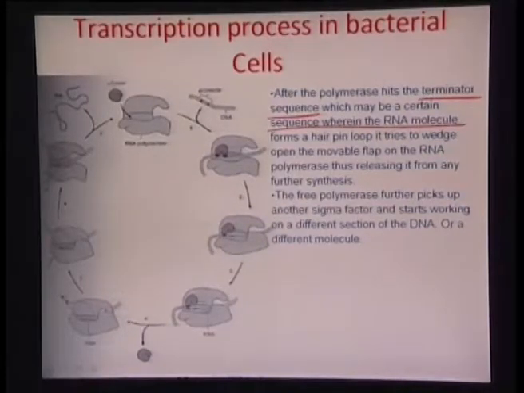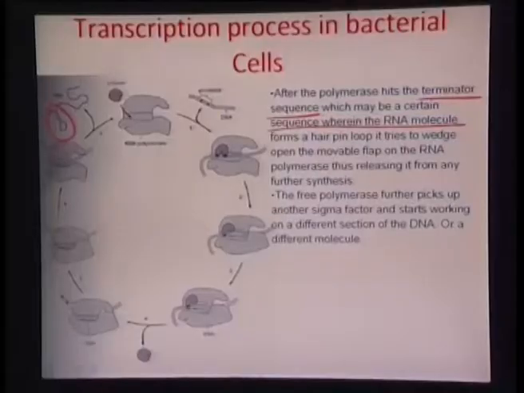So, typically there could be mechanisms like, let us say the RNA molecule hits upon some kind of a hairpin loop like structure here. The molecule that has just emerged because of this stop codon formulates some kind of a hairpin loop in that region. Because this loop has been formulated, which is not a normal sequence, there can be a sudden jerk or a conformation change which can also cause this detaching movement to happen.